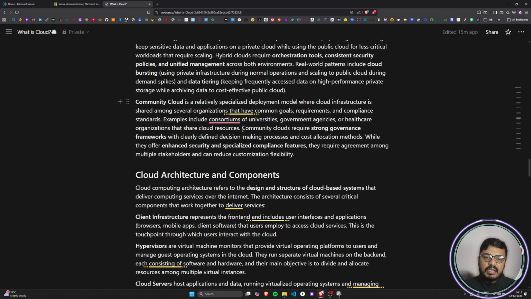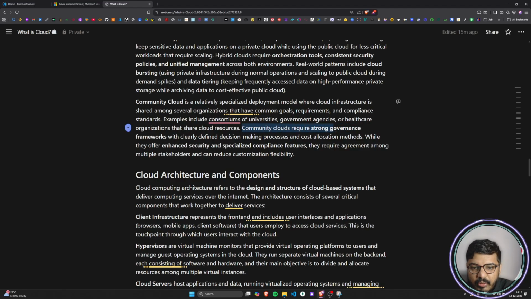Such as if there are multiple universities, they can come together and host on one single on-prem cloud. Similarly, multiple government agencies can use one single cloud platform. Healthcare: multiple hospitals or multiple insurance companies can use one single cloud, and things like that.